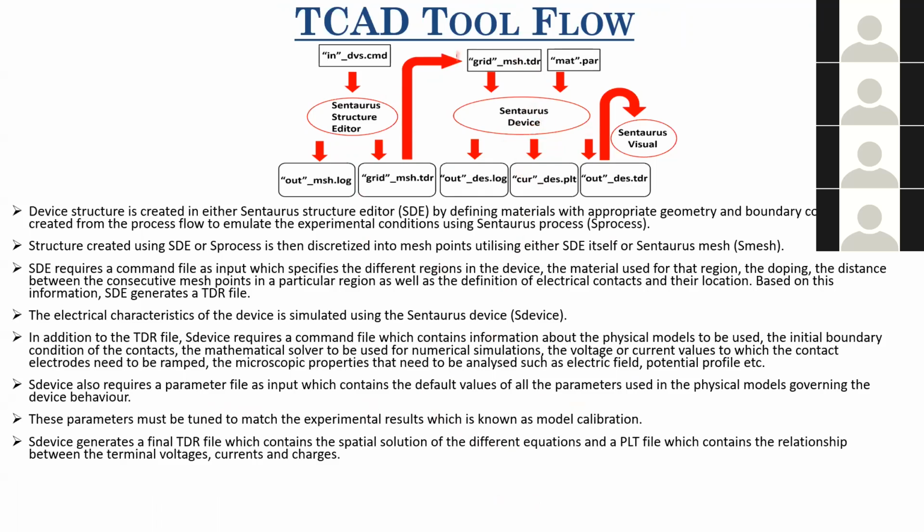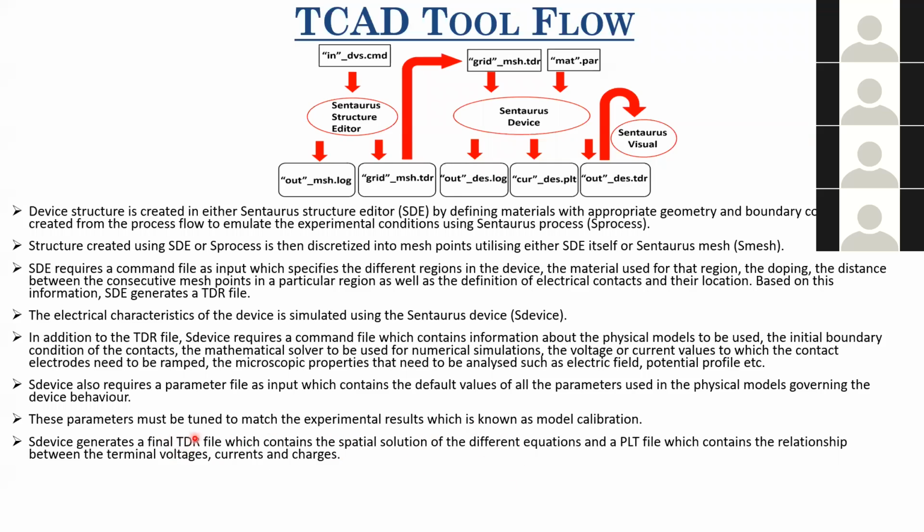So after taking these things as an input, what it gives you as an output is a TDR file. This TDR file contains the spatial solution of the differential equations which you want to solve, and also a plot file, PLT file, with the format .plt, that contains a relationship between the terminal voltages, currents, charges, capacitances, everything. So it gives you these two files.